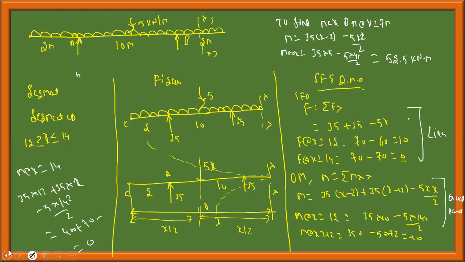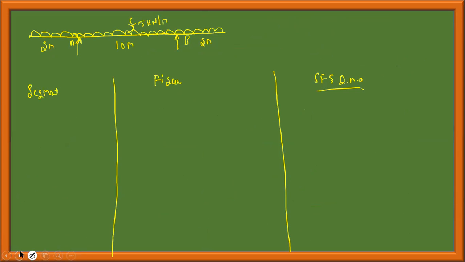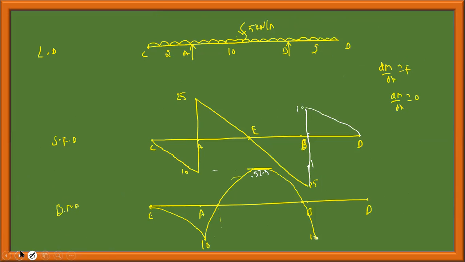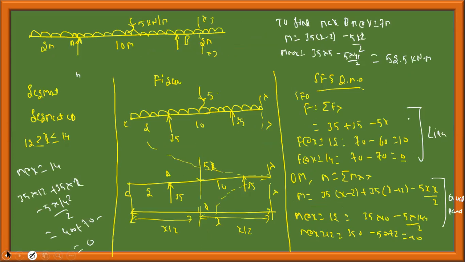Bending moment M at x is equal to 12 is minus 10, and at x is equal to 14 is 0. This is the point I got, minus 10, and at x is equal to 14, 0. The curve slopes like this, which you can see if you look at this triangle.